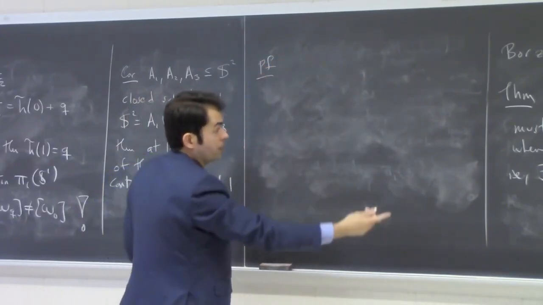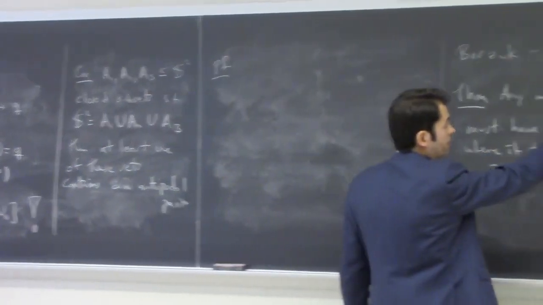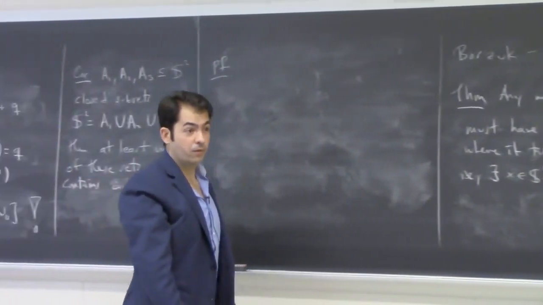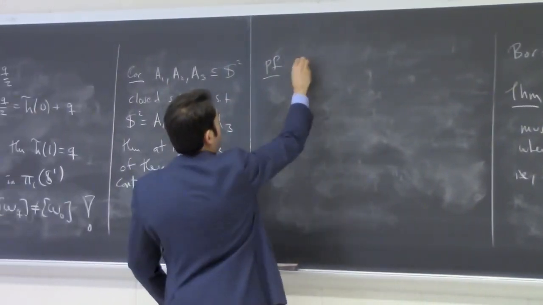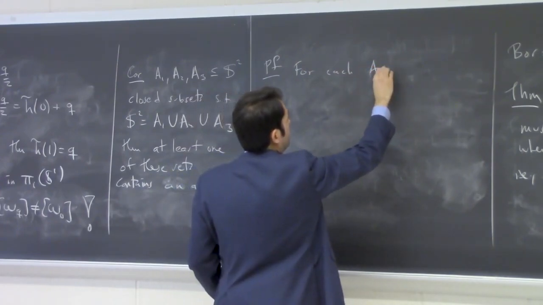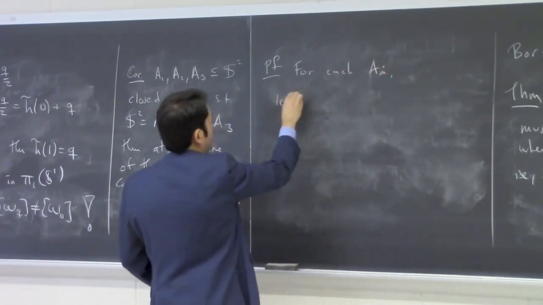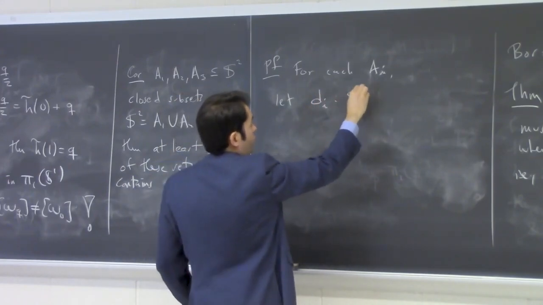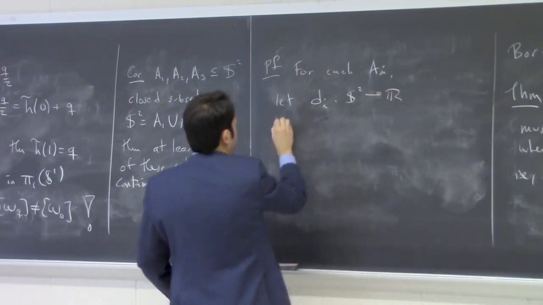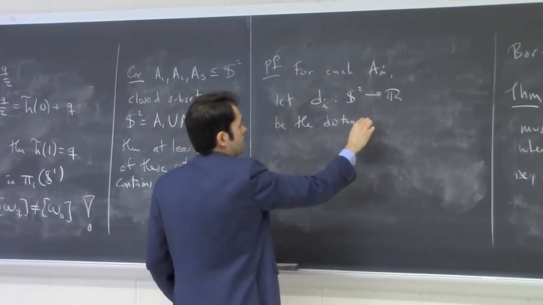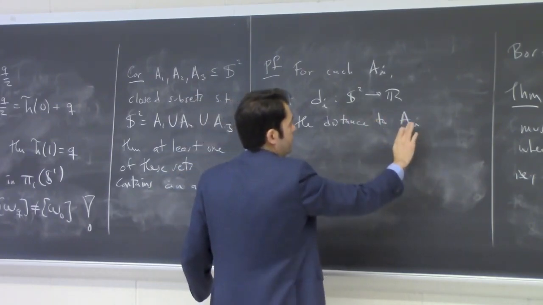Okay, so the proof, well, I want to use Borsuk-Ulam, so I just need to cook up a useful map from S2 to R2. So for each Ai, let di from S2 to R be the distance to Ai.